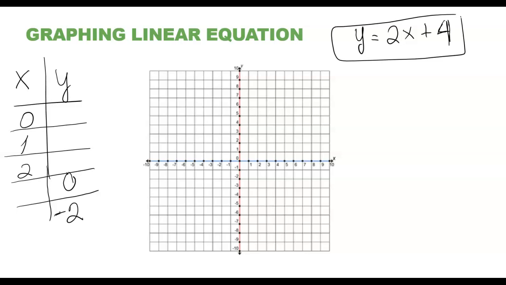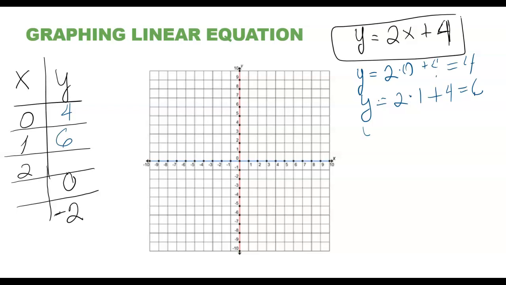When x is 0, y is equal to 2 times 0 plus 4 equals 4. When x is 1, y is equal to 2 times 1 plus 4 equals 6. When x is equal to 2, y is equal to 2 times 2 plus 4 equals 8.